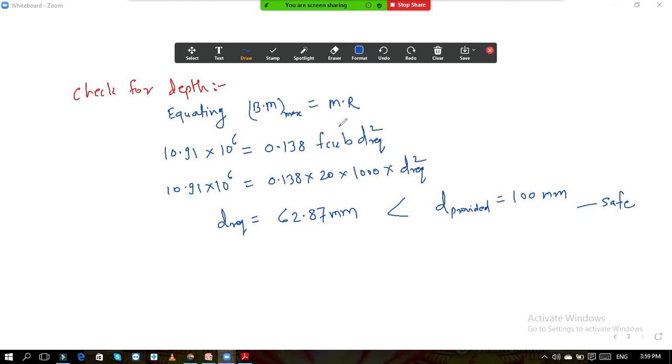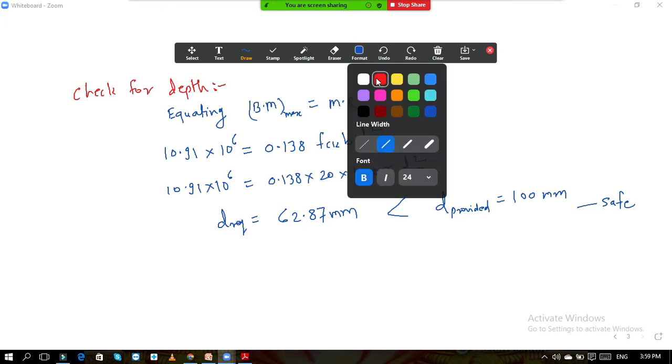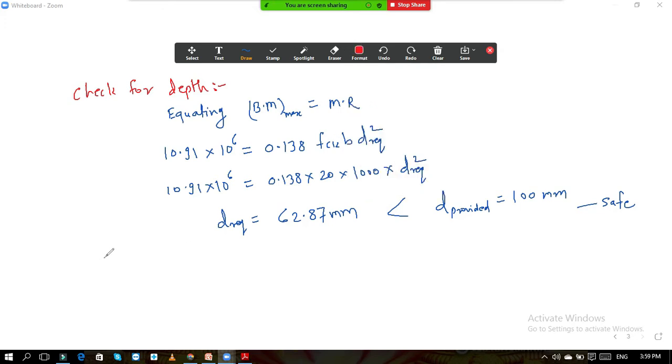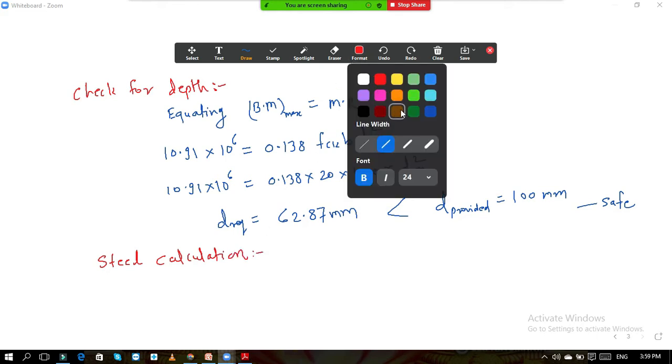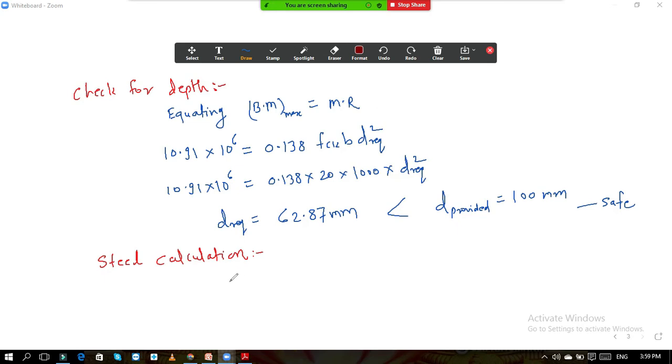So after this, now we will go for steel calculation. So next step is steel calculation. Okay. So in the steel calculation, you know the formula for area of steel.